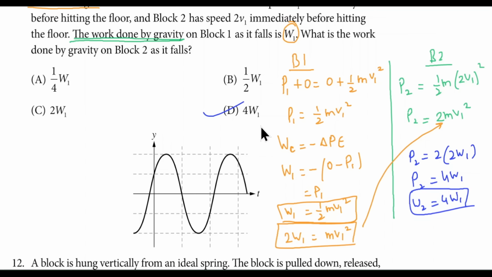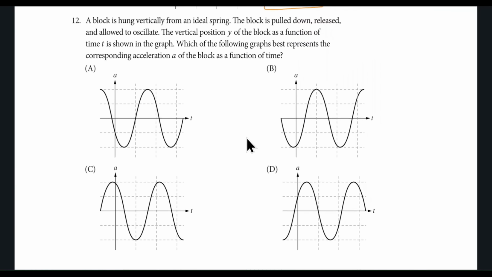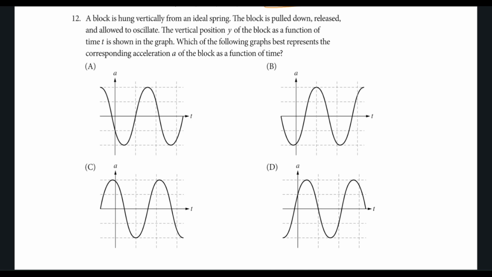Okay. A block is hung vertically from an ideal spring, and the block is pulled down and released and allowed to oscillate. The vertical position y as a function of time is shown in the graph. Which of the following options represents the corresponding acceleration as a function of time?